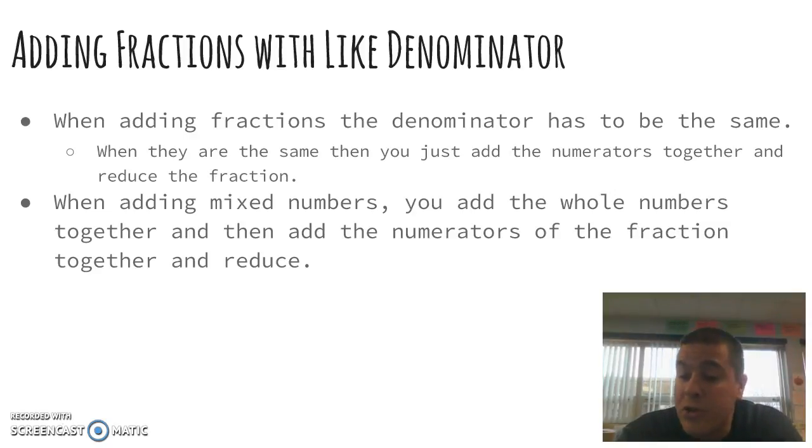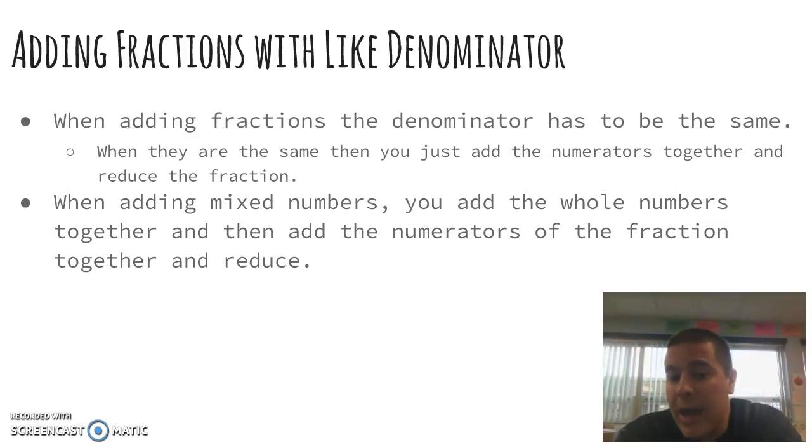If your numerator is larger than your denominator in the end, then you reduce the fraction as you would for an improper fraction. So you divide the numerator by the denominator, and then put your remainder over the denominator.